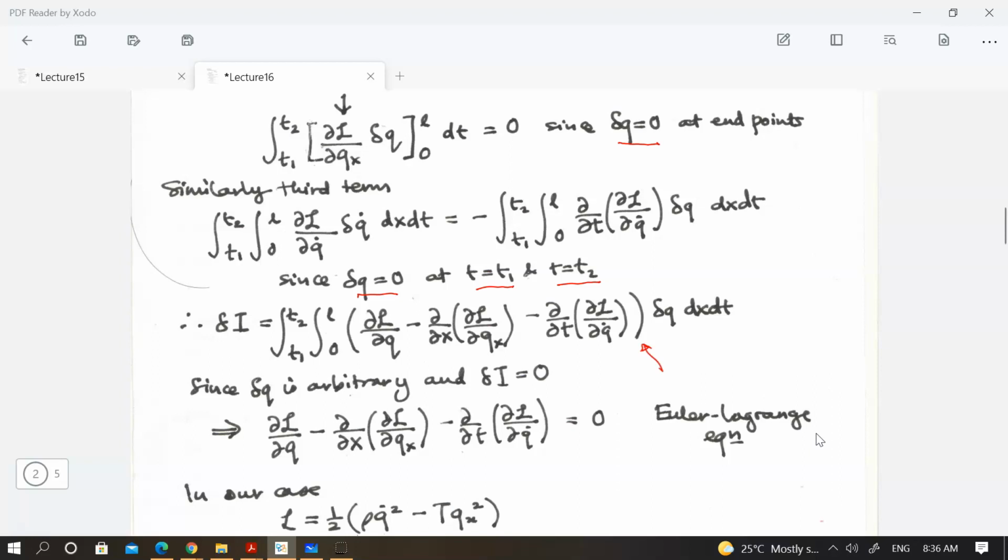So now everything is multiplied by your delta Q, and delta Q here is an arbitrary variation. So in order to extremize this so that you get delta I equals 0, essentially you need the whole thing in the bracket over here to be equal to 0. You can see that in this particular case, because of the new dependence, you have an extra term inside your Euler-Lagrange equation.